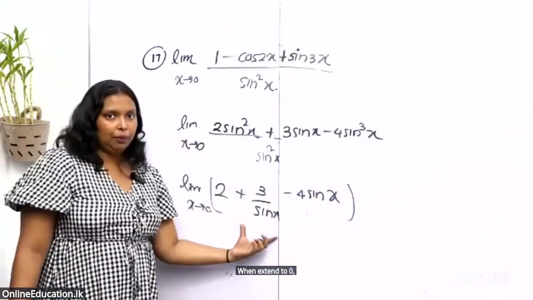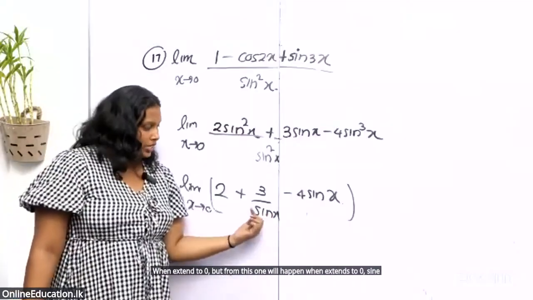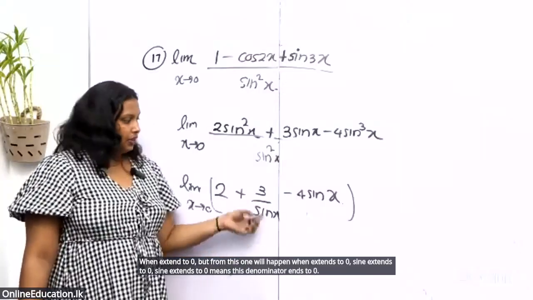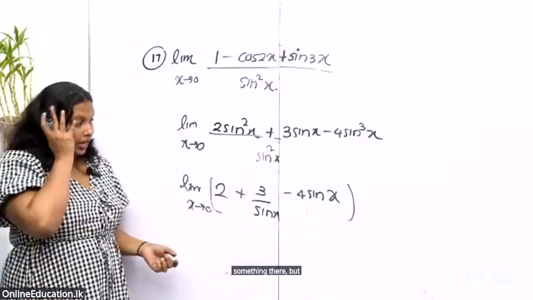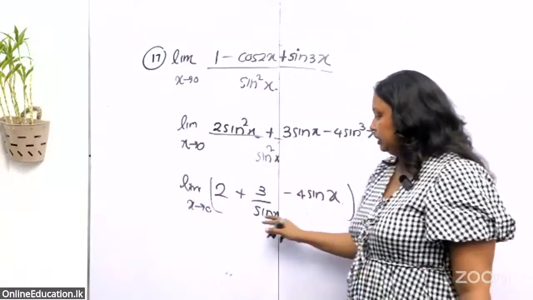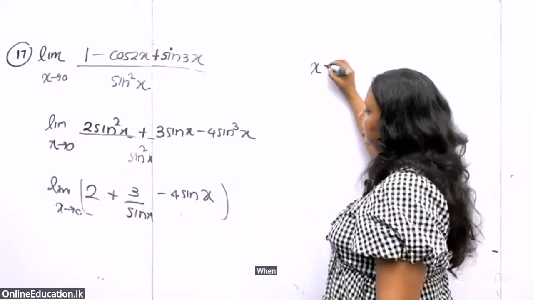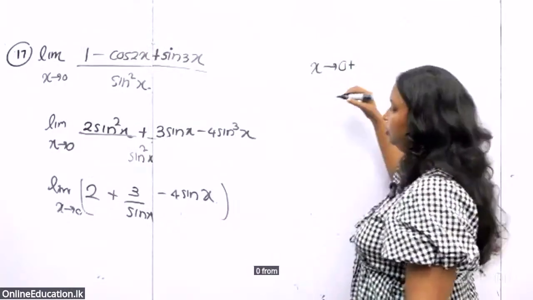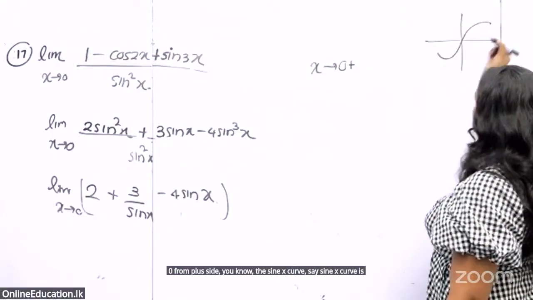But from this one what will happen? When x tends to 0, sine x tends to 0. Sine x tends to 0 means this denominator tends to 0. Clear? So we are getting an infinite something there, but in this case we can tell like this. When x tends to 0 from the plus side, the sin x curve, see, sin x curve is something like this, right?